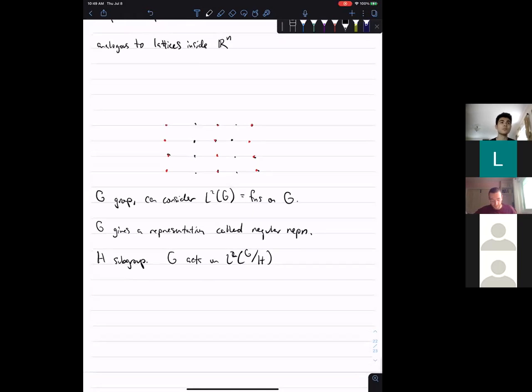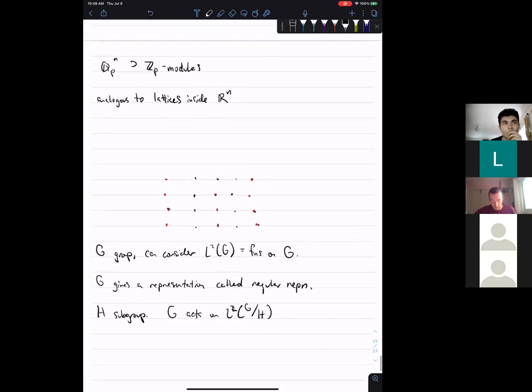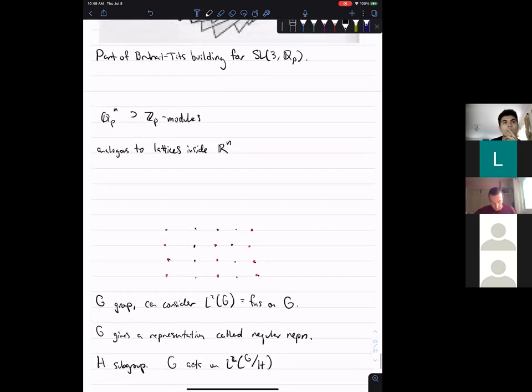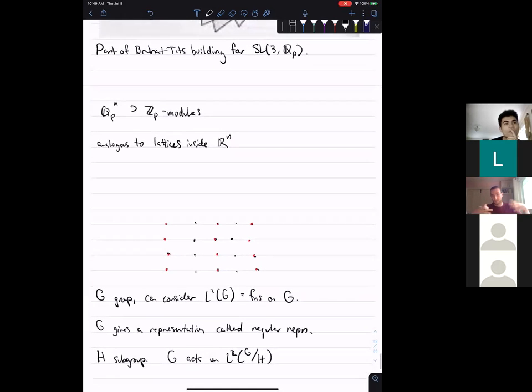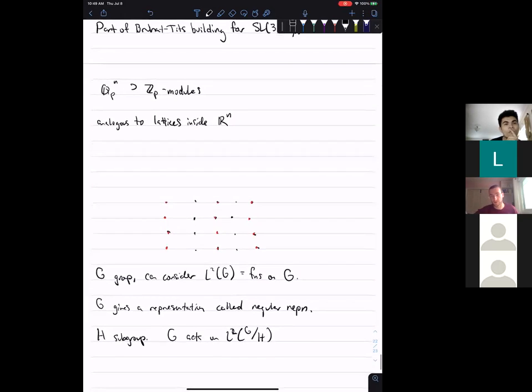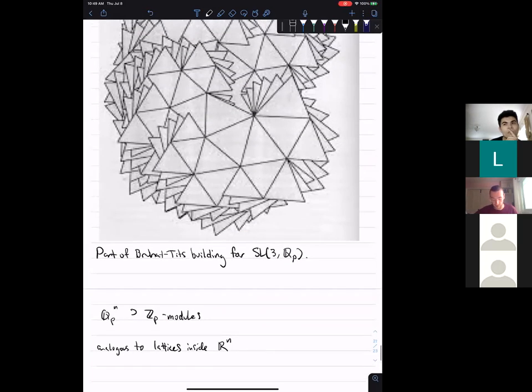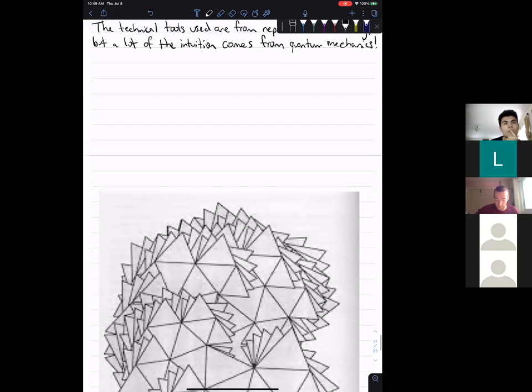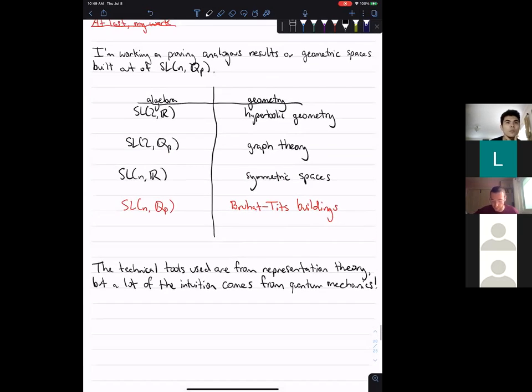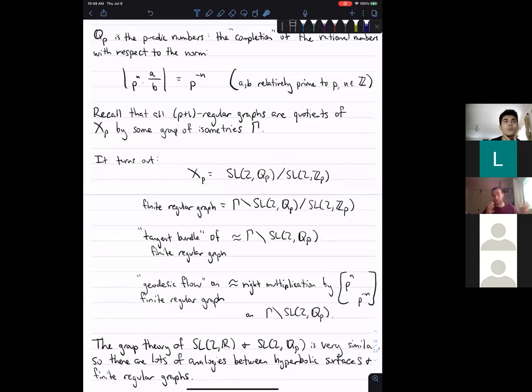And as I said up above, you can use the decomposition of the regular representation to understand these other representations. All these spaces, like the tree, for example, are themselves coset spaces, so it's a group mod some other group.